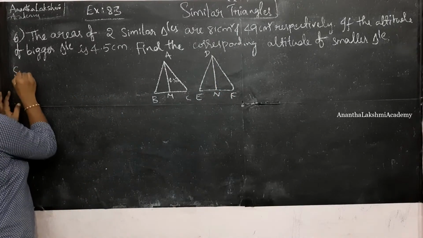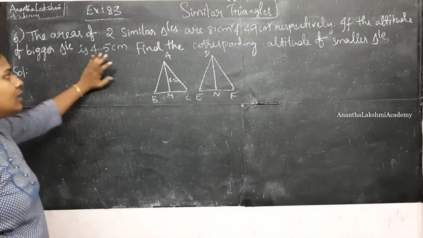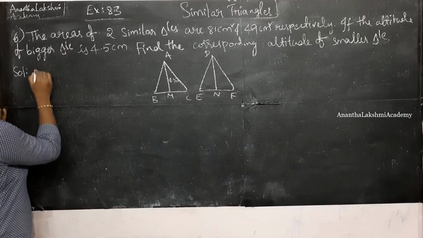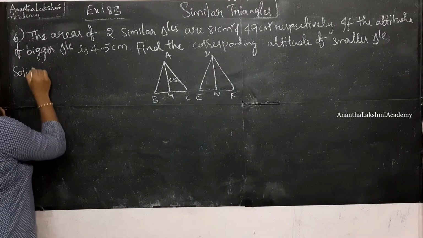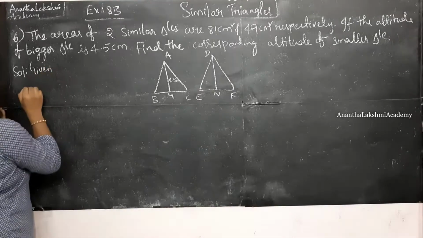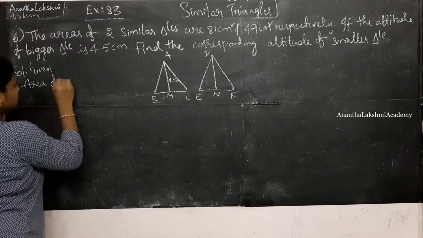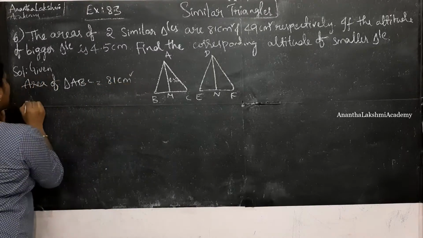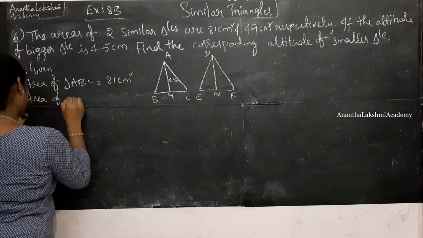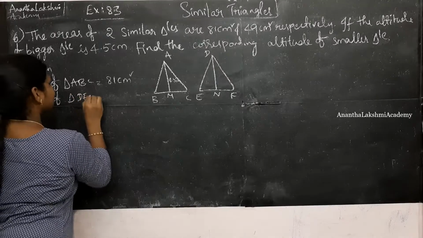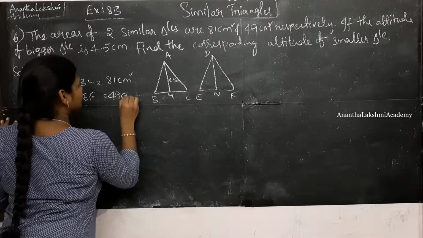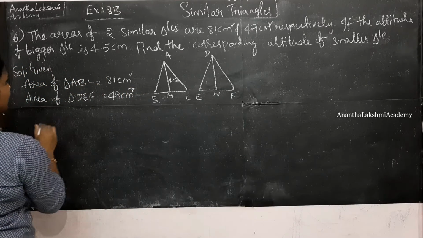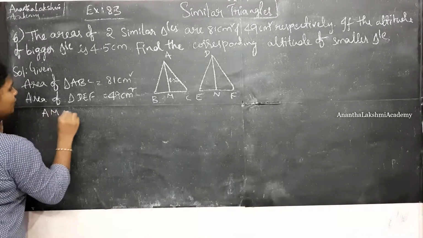Okay, solution. So, given area of triangle ABC is equal to 81 centimeter square and area of triangle DEF is equal to 49 centimeter square. If the altitude of the bigger triangle, nothing but AM, is equal to 4.5.